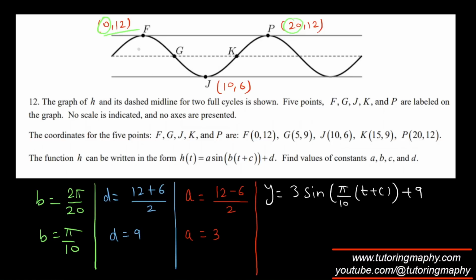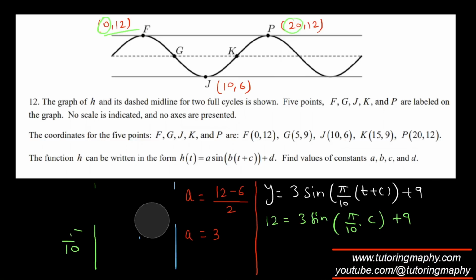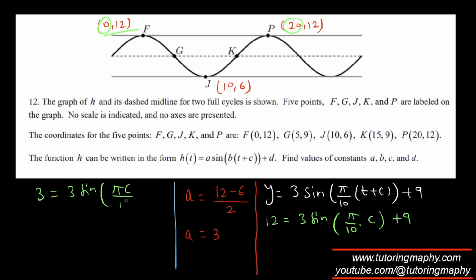And let's plug in any maximum or minimum value to figure out the value of c. So I'm going to plug in 0, 12. So it's going to look like 12 is equal to 3 sine pi over 10, and t is just 0, so plus 9. Let's subtract 9 both the sides, and I need to make some space. We subtract 9 both the sides, then 3 is equal to 3 sine pi c over 10.